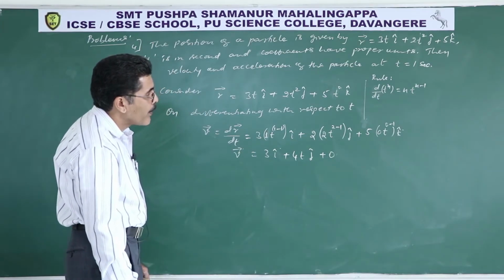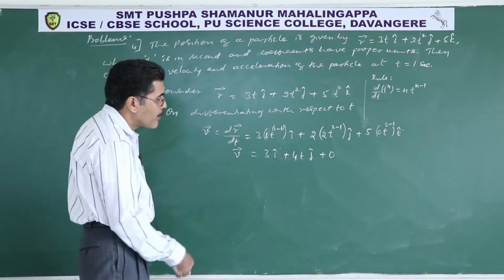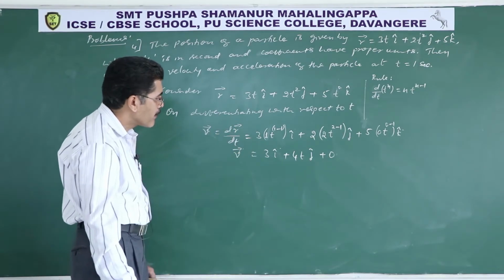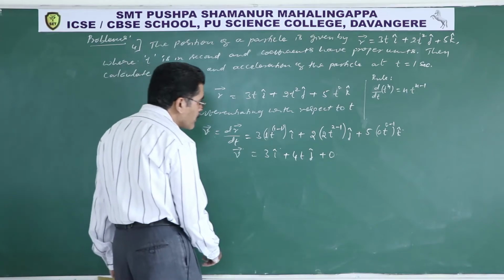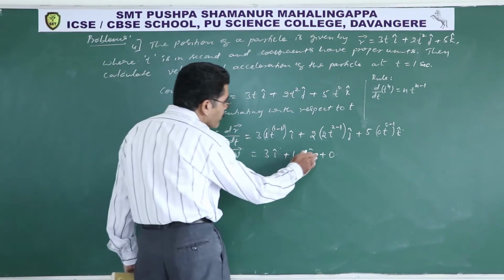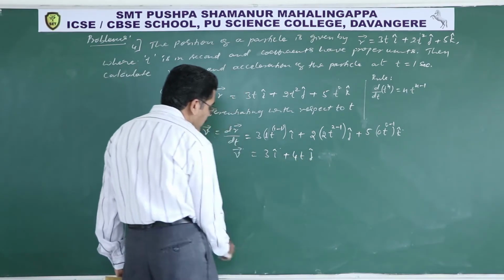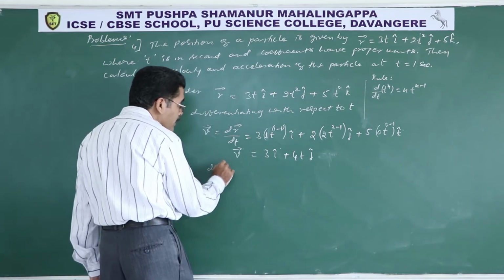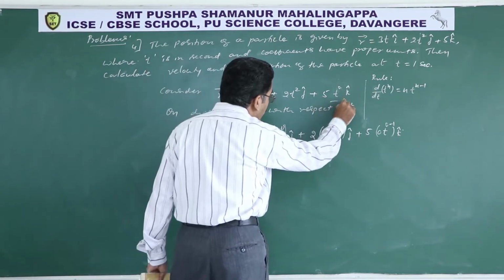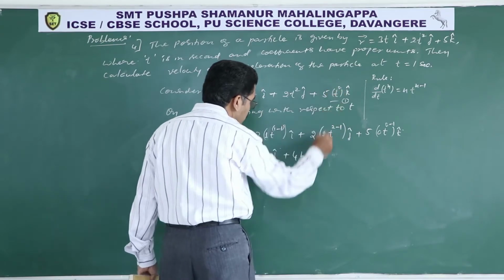If they ask you to find out the velocity at time t is equal to 1, put t is equal to 1 and you will get it. We will come to that later. Again differentiating, if I take this as equation 1, this is equation 2.